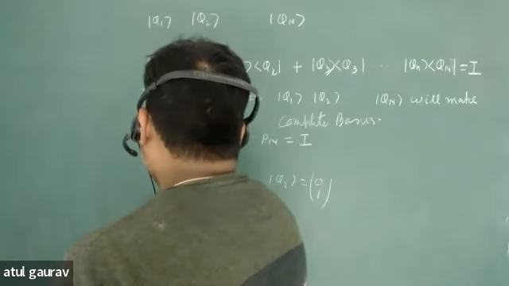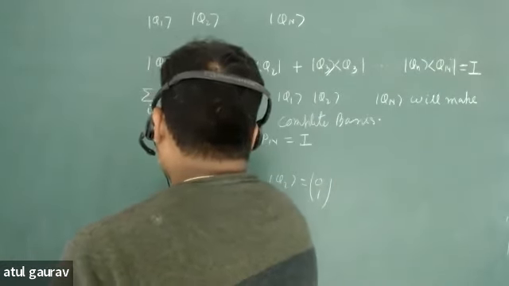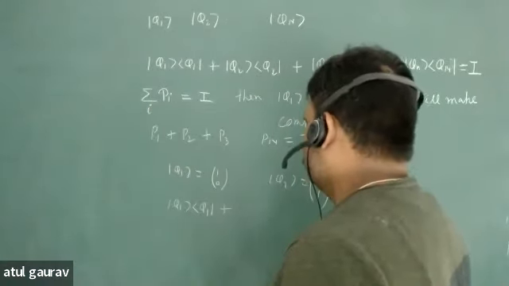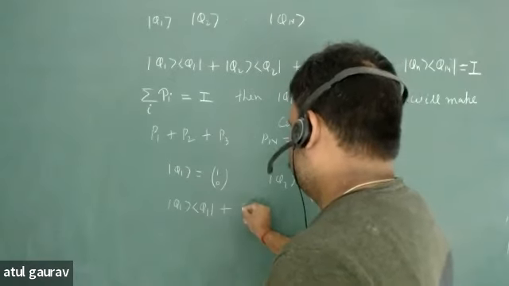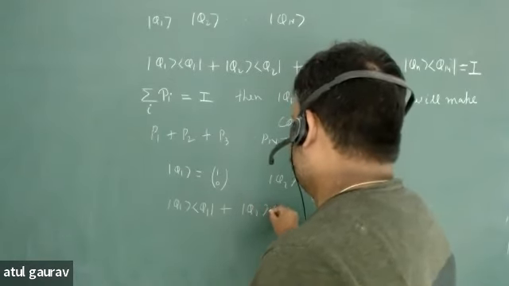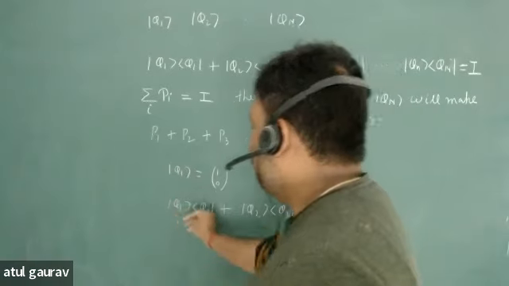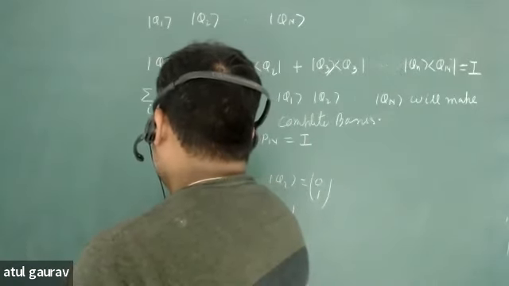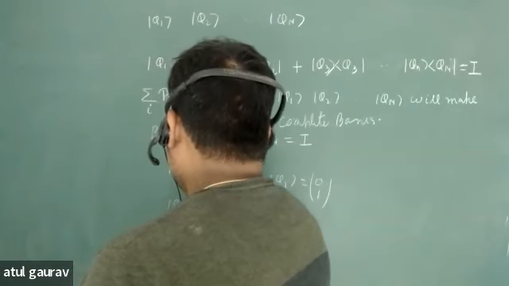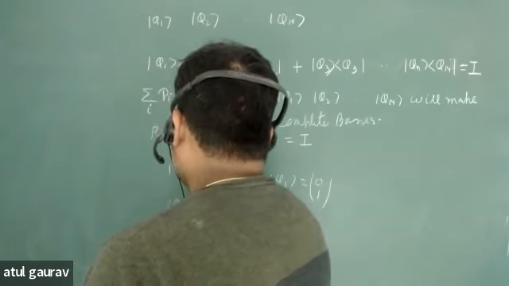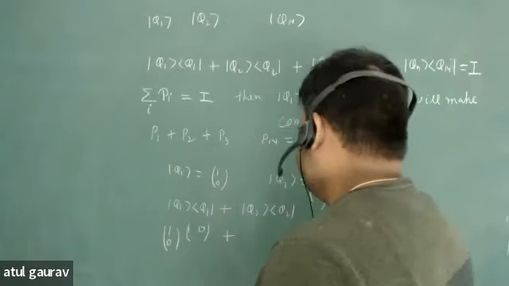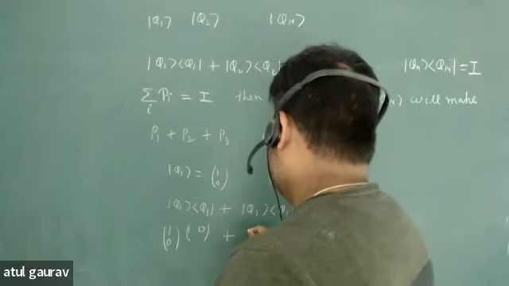The first thing I have to write is phi 1 phi 1 plus, what will be the second one, phi 2 phi 2. What is phi 1? 1, 0. What is this one? Bra part. So I have to write something like this. Plus, what is phi 2? 0, 1.